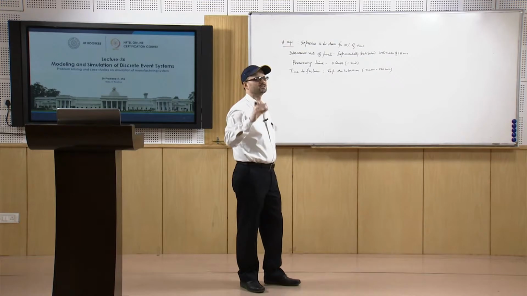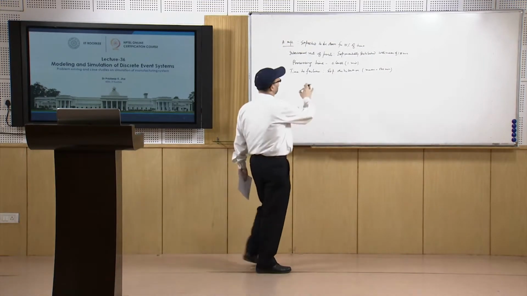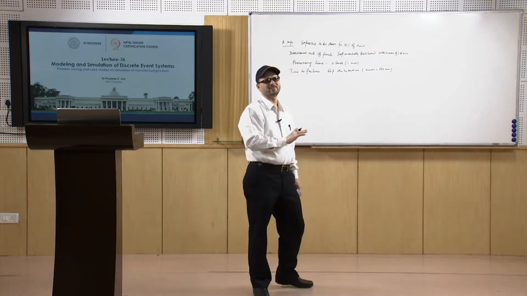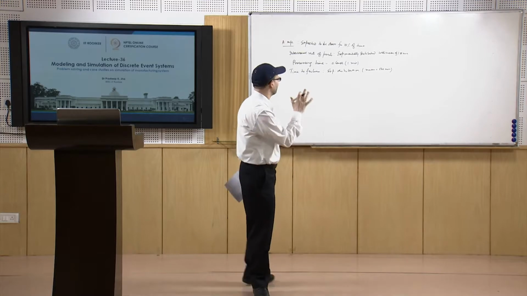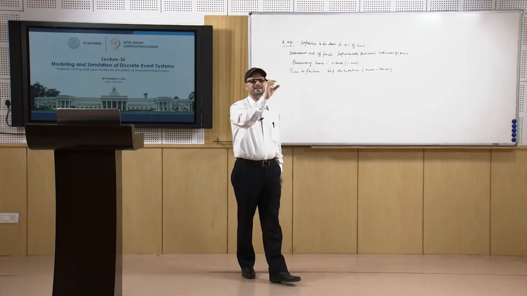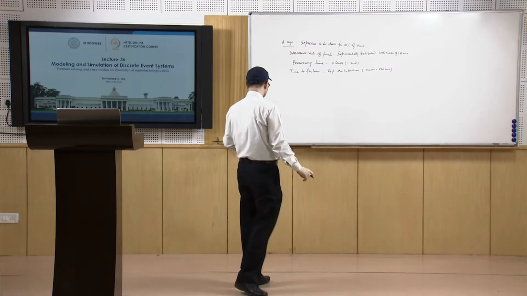So basically you have to use the calendar time approach. It is not given how much time the machine was idle or how much time it was busy. It is simply given as time to failure, using an exponential distribution with a mean of 540 minutes.